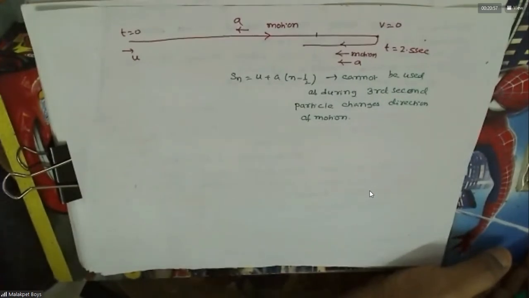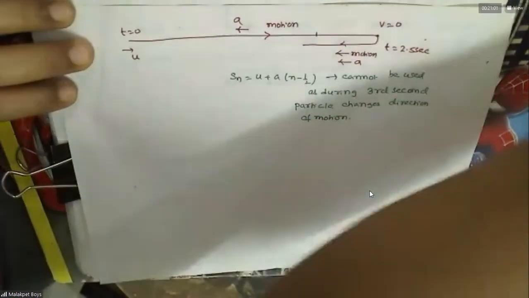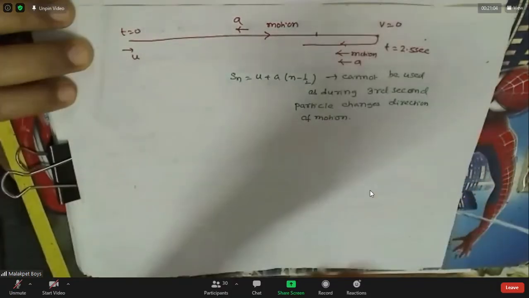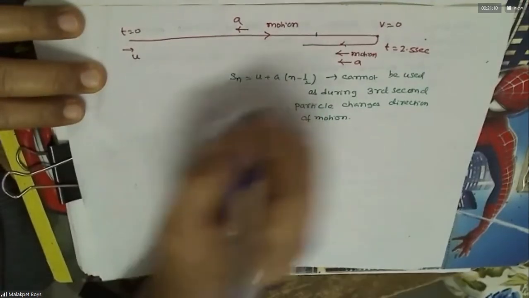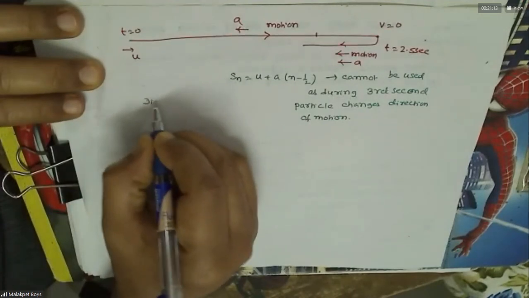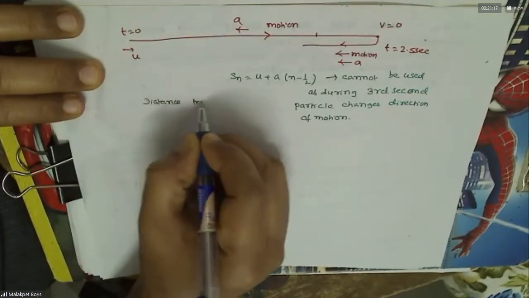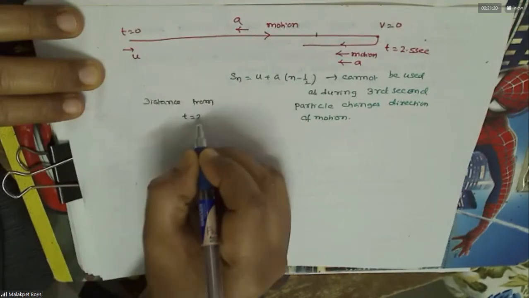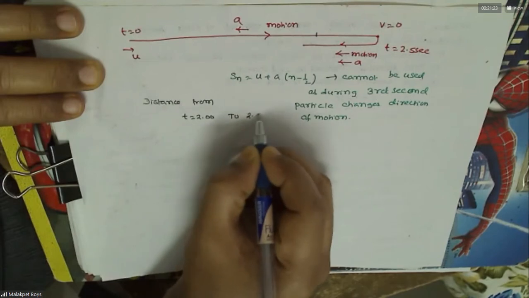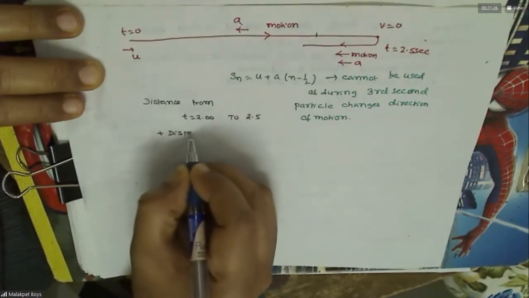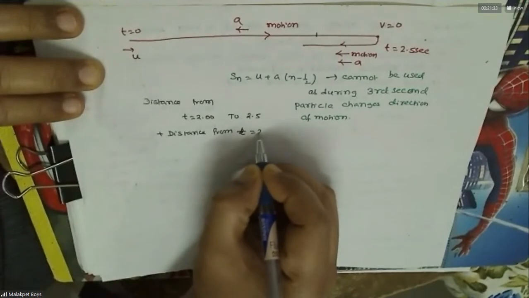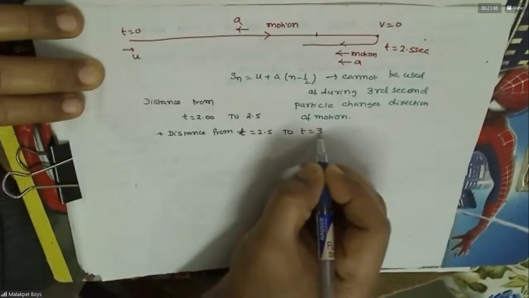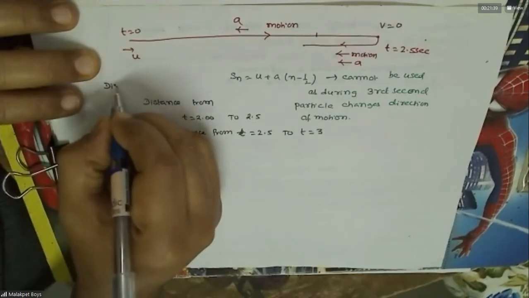Understood this? Clear? So now we have to take the distance traveled in the third second now.